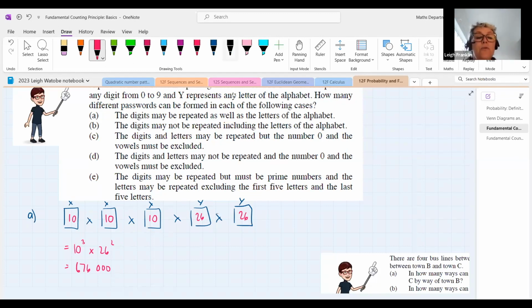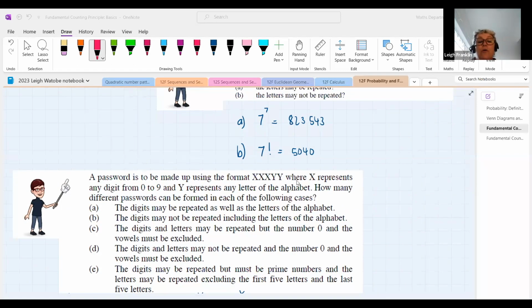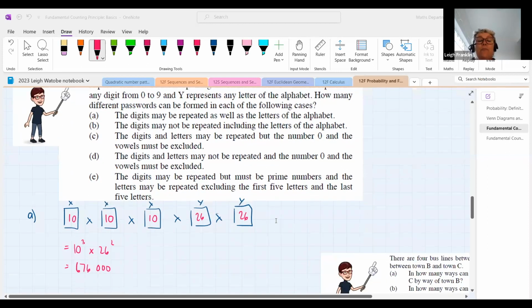Cheslin, I think you said 26 cubed. Sorry, yeah. Okay, so it's not 26 cubed, sorry. It's 26 squared. All right, because there isn't a third box with a letter in it. Okay, so Nhlanhla, what you had said to me was perfectly correct. Okay, no problem.